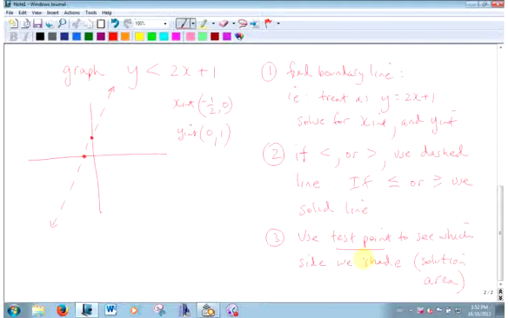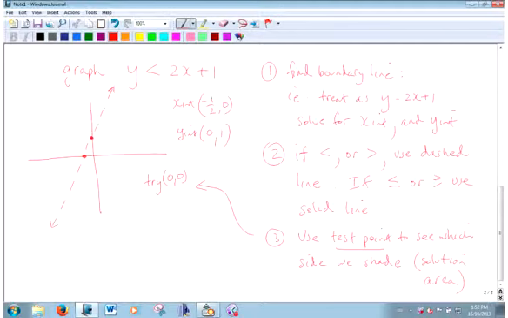The nicest test point to use is the origin. Because when you substitute this in the equation, it's the nicest thing to use, because anything times 0 is 0. Okay? You'll forget this, but I'll say it anyway. I can choose any point I want here. Okay? I could choose a point over here. All right?